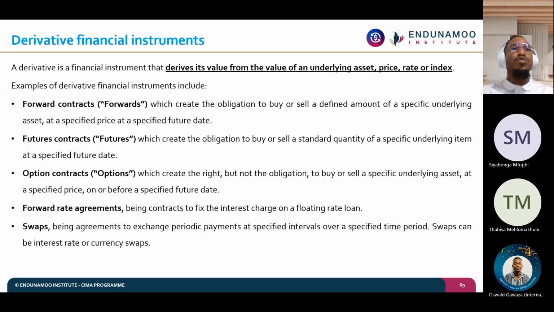The types of instruments that are derivative financial instruments include a forward contract. A forward contract creates the obligation to buy or to sell a defined amount of a specific underlying asset at a specific price at a specific future date.